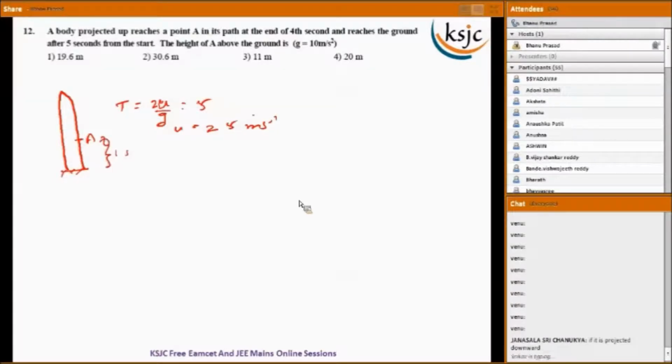So even here also it will be 1 second. So now height of A is ut, means 25 into 1 second, minus half into 10 into 1 square. This leads to 25 minus 5, that is 20 meters. Your option 4 for that.